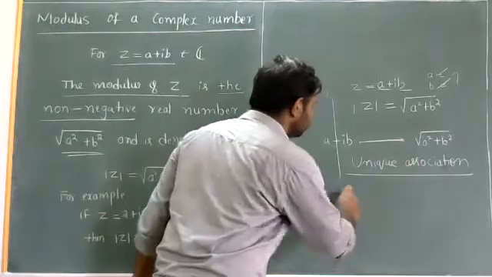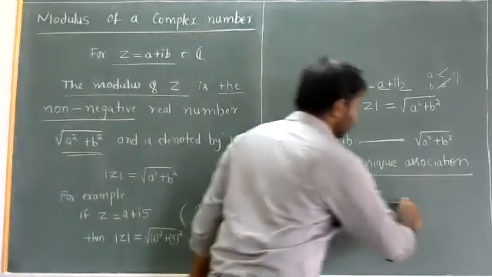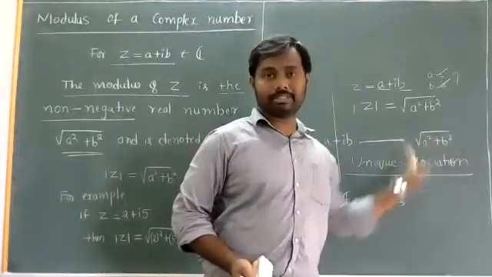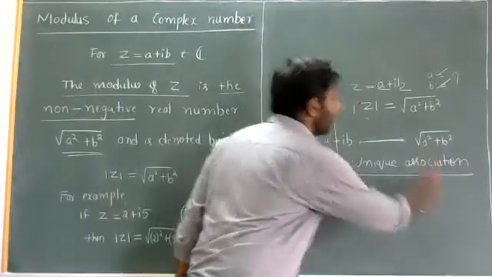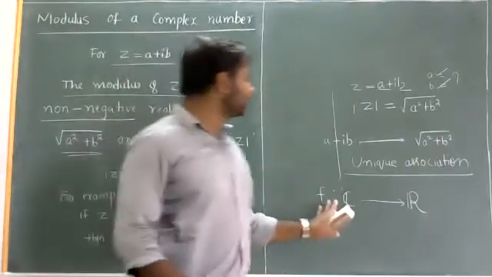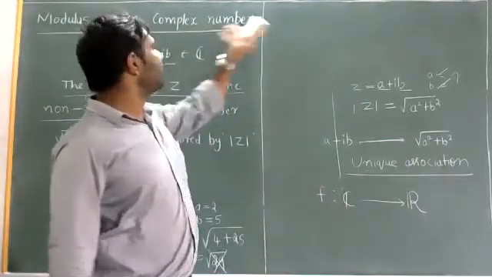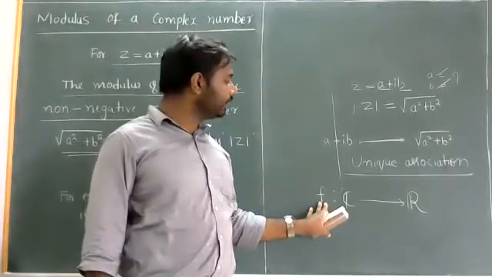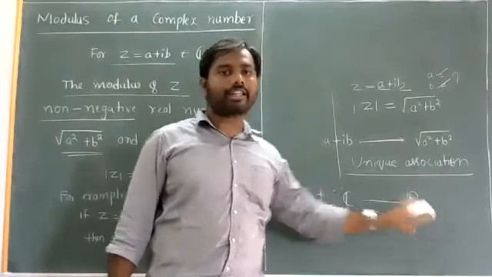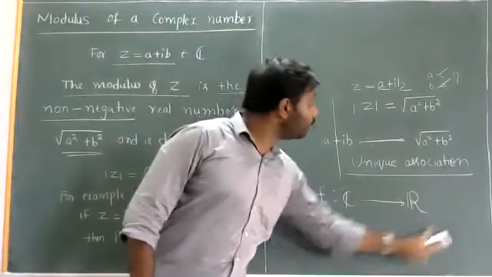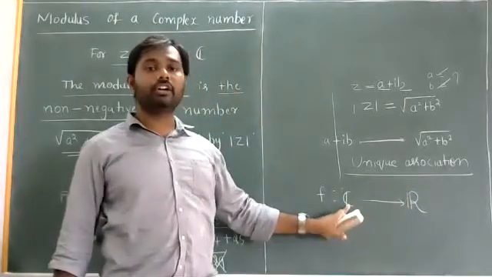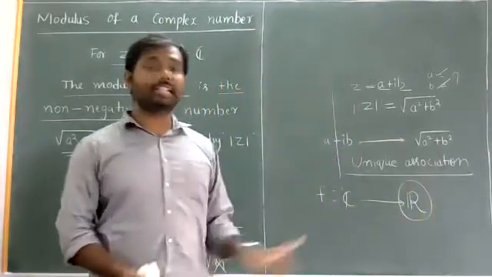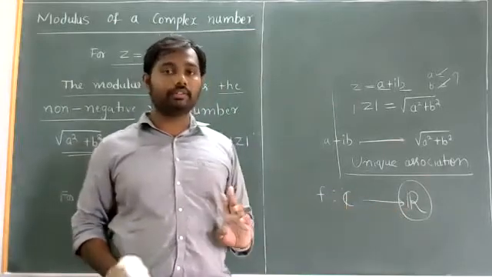So the domain is C and the codomain, where these numbers are carried to, is real numbers, so it is R. So modulus of complex numbers is a function from C to R, or you can say it is a real value function defined on the set of all complex numbers. As the codomain is R, we will say it is a real value function, right?